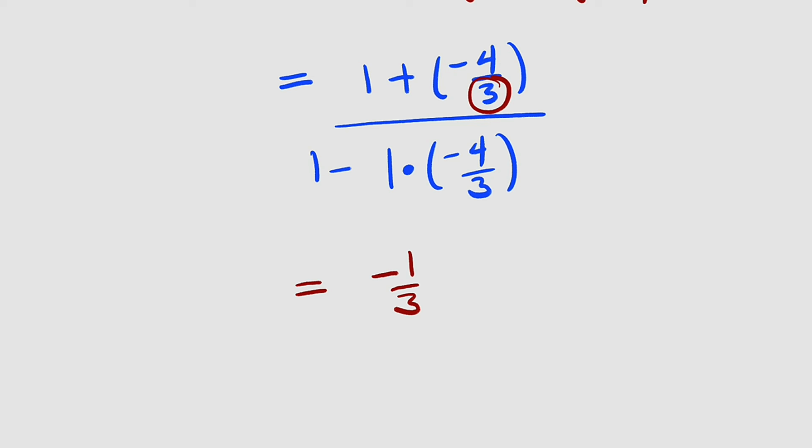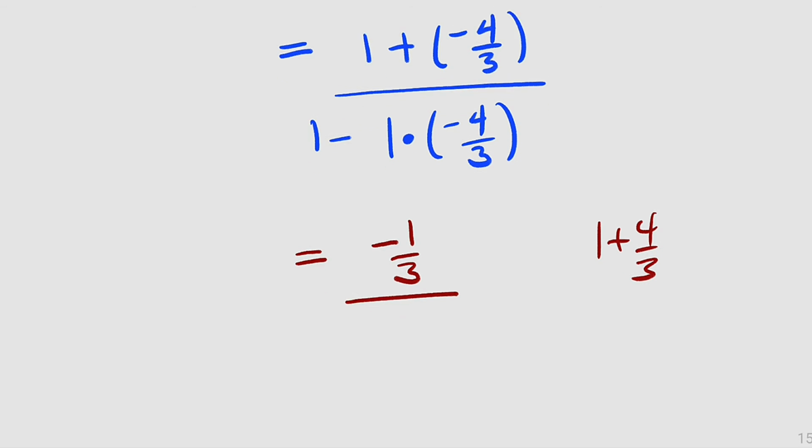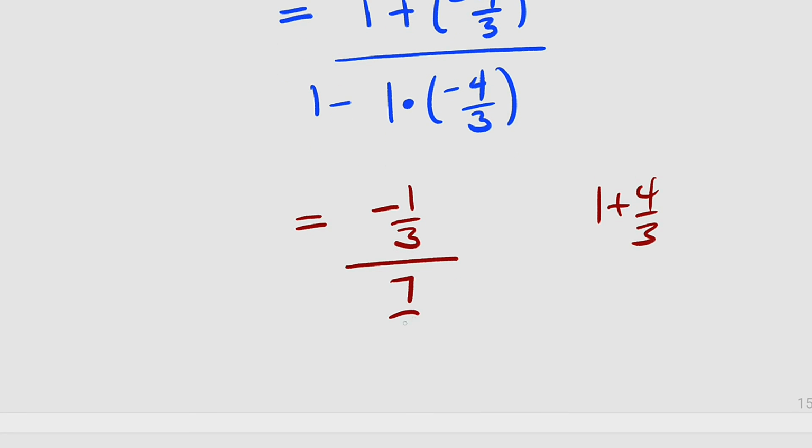Then you divide by the denominator, which is 3. Then for the bottom, multiplying 1 by negative 4 over 3 will remain negative 4 over 3. Then the negative will turn this to positive. So all we have is 1 plus 4 over 3. You take this, multiply by this, that will give us 3, plus 4 is 7 over 3. So this is 7 divided by 3.